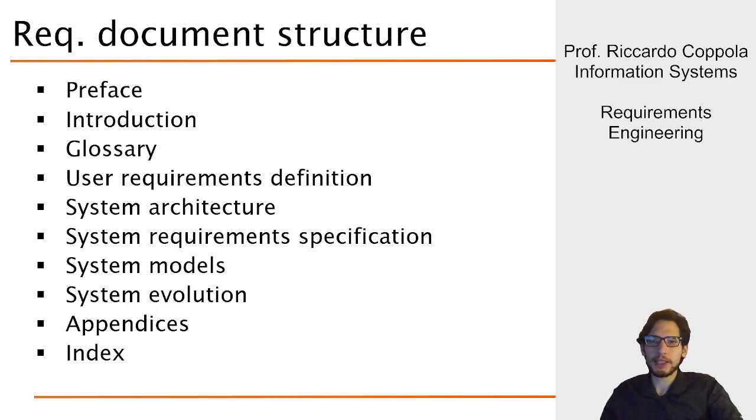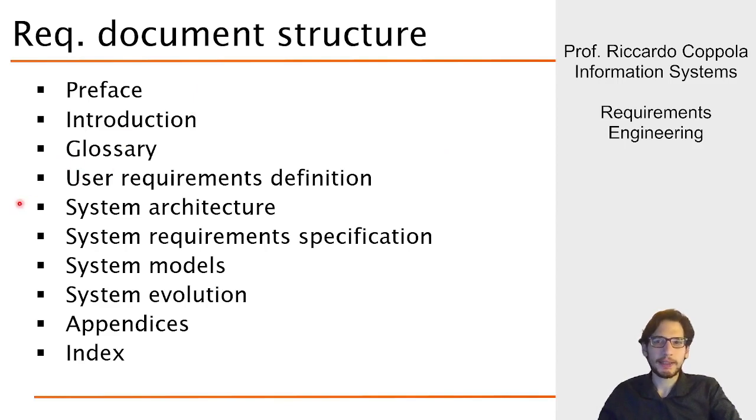But basically, I will have a preface where I just say, these are my requirements about this system. Then I have an introduction, describing that this will be a requirements document. Then I have a glossary where I specify all the terms that I will use to reduce ambiguity.